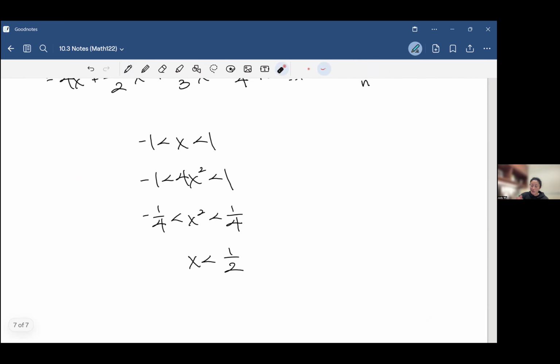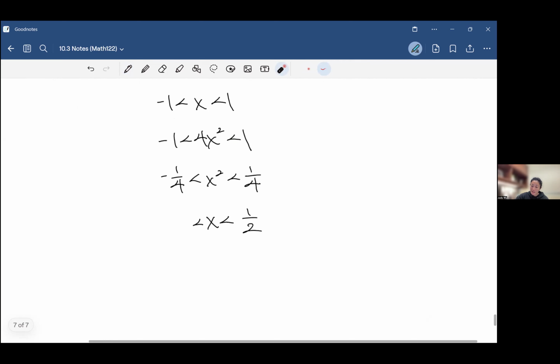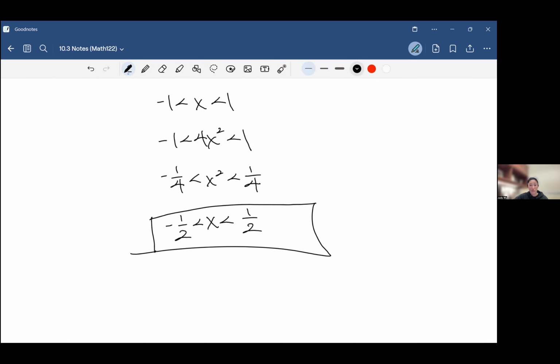And because we're dealing with the absolute value, if you type in the square root of negative 1/4 on your calculator, you'll get undefined. But keep in mind, what we're really finding is the square root of the absolute value. So that's why this other side becomes a negative 1/2, and that is our interval of convergence.